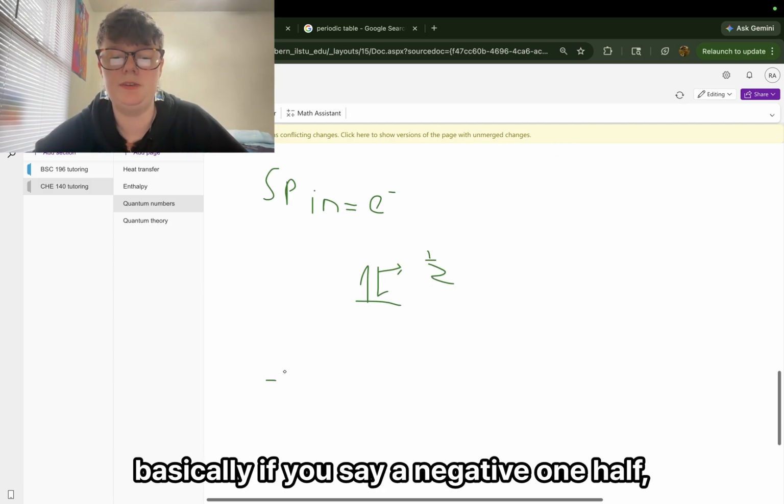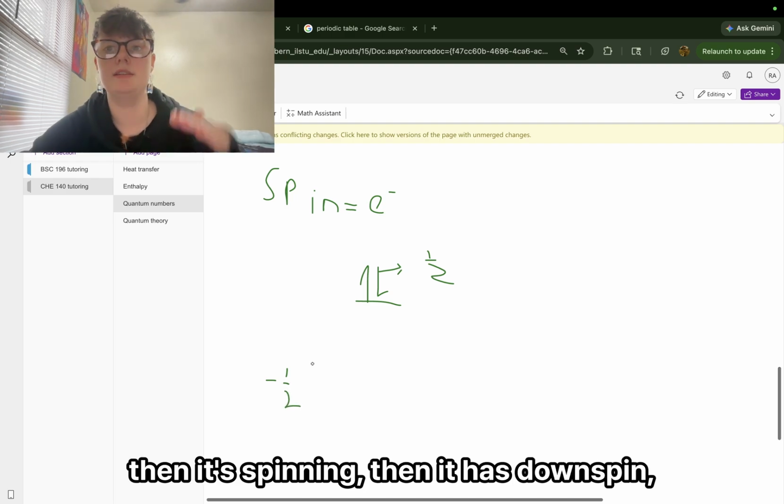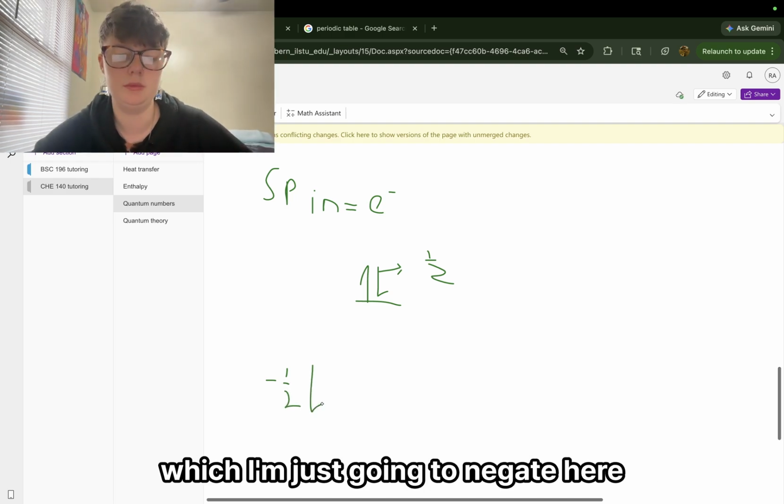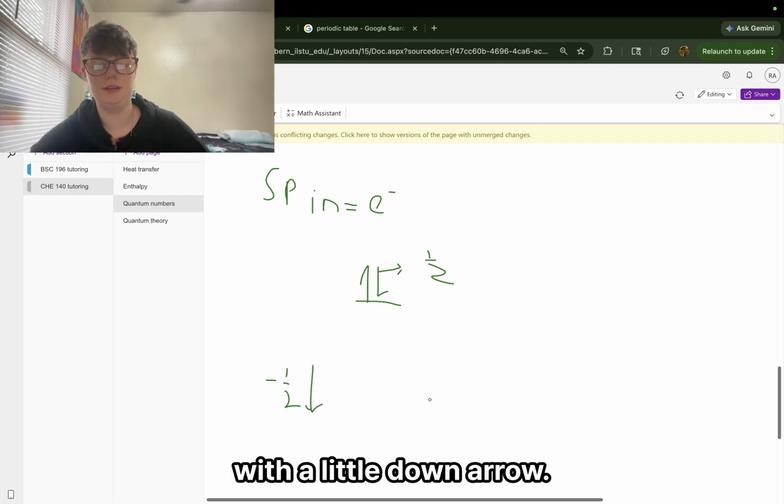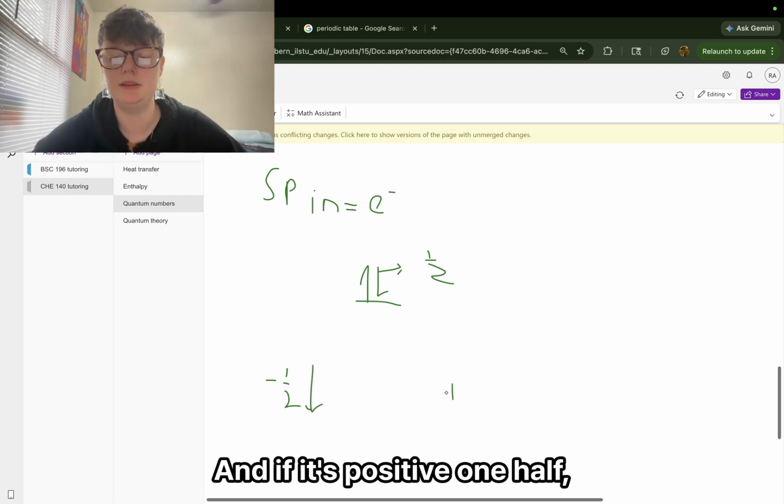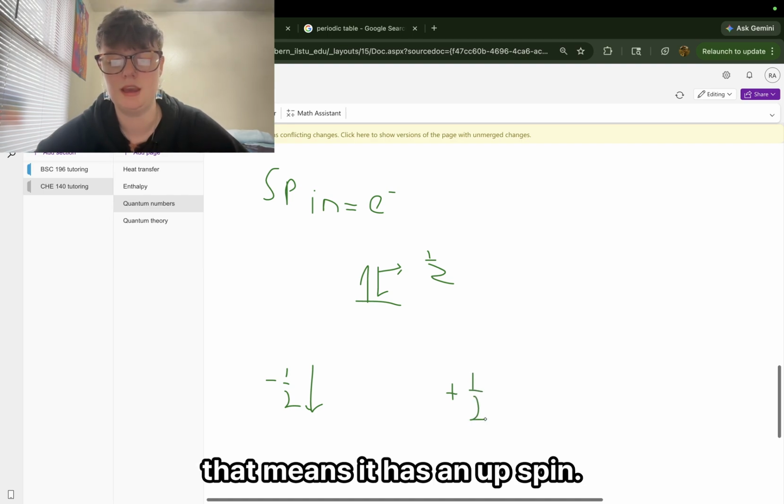So if you say -1/2, then it has a down spin, which I'm just going to denote here with a little down arrow. And if it's +1/2, that means it has an up spin.